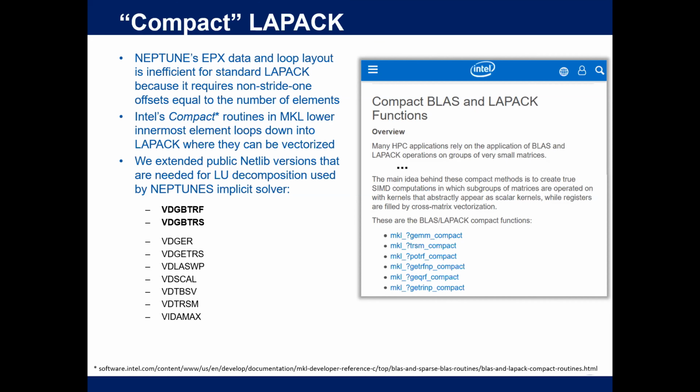And then there are a number of LAPACK routines that those two routines call. So we went and we took those and added a V in front of the names, and then pushed the loop over the multiple elements being passed in down into the routines, and then vectorize over those inside the routines.